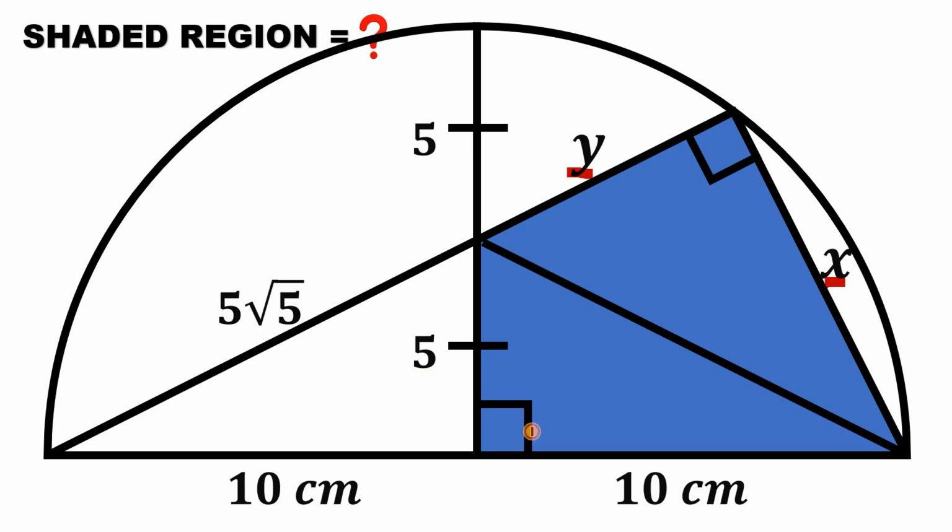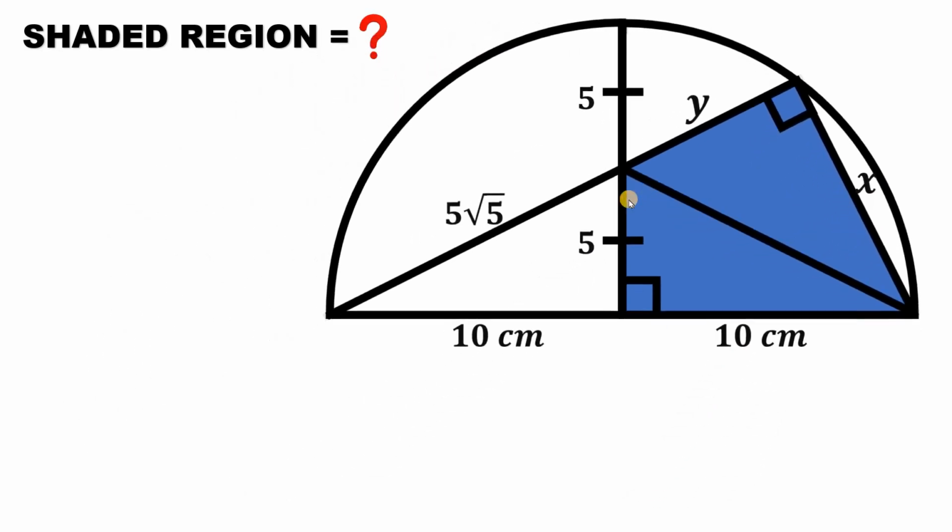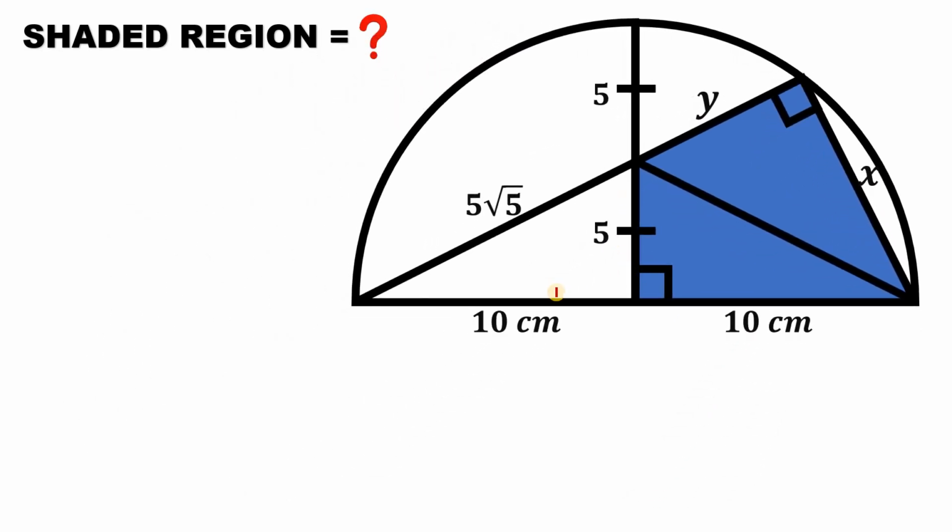We know the area because we now have the height and the base. So we need x and y because these are the height and the base of this right triangle. So the goal now is to find the values of x and y. But before that, let's name these endpoints. Alright, this is enough.